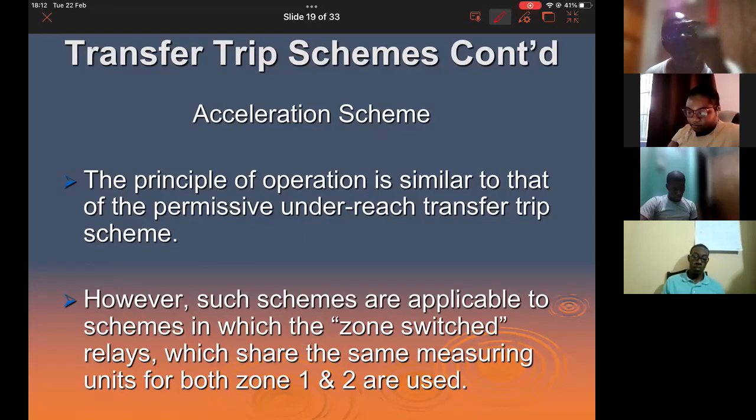So the zone 1 and 2 settings are on the same measuring unit. So it is what we refer to as a range change relay.